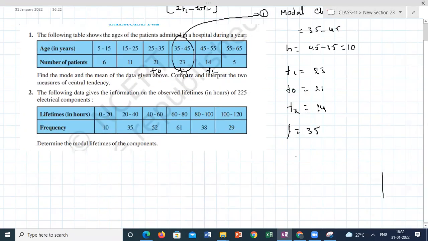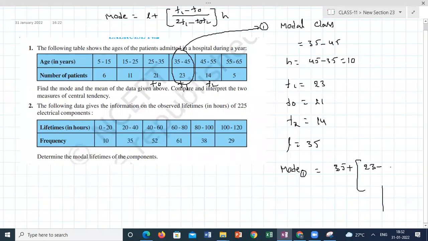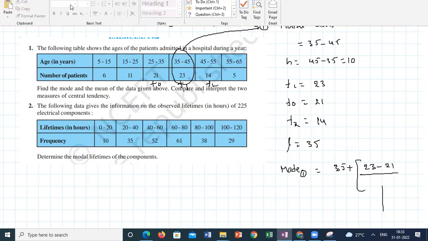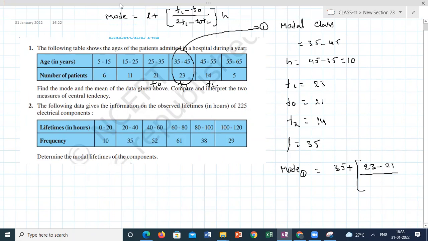So mode for the first question is L is 35 plus F1 minus F0, 23 minus 21, divided by 2F1. What is the 2F1 value? 2F1 is 46 minus 23 minus 14 into H is 10.